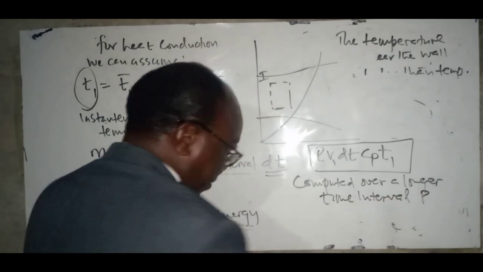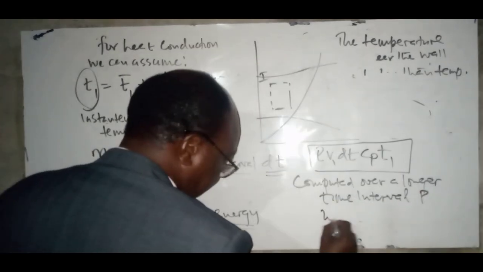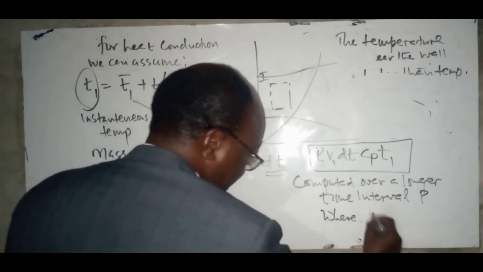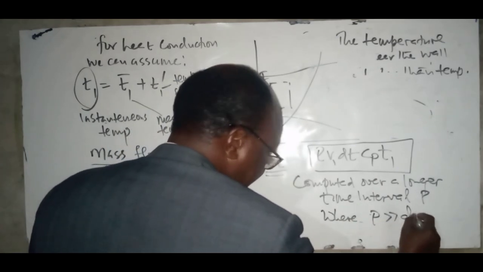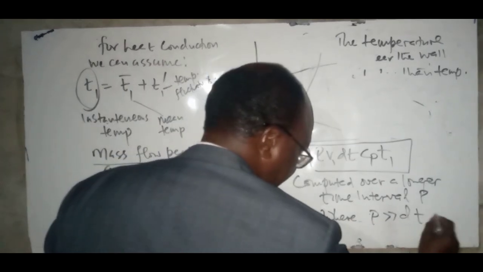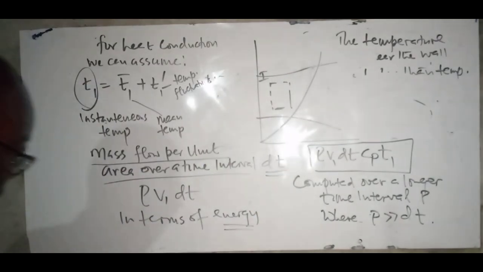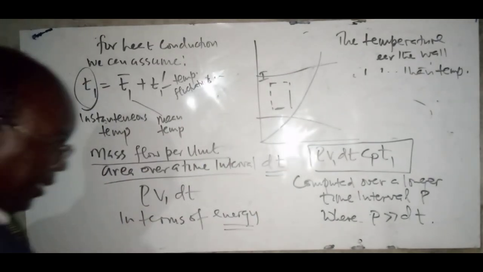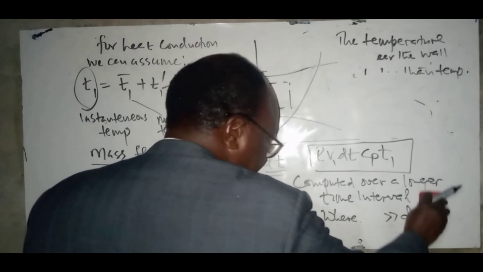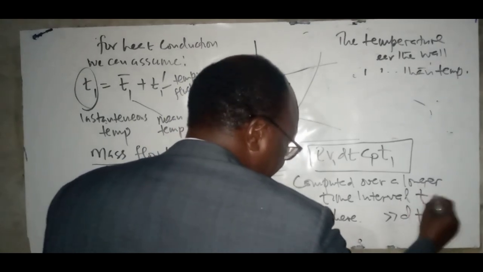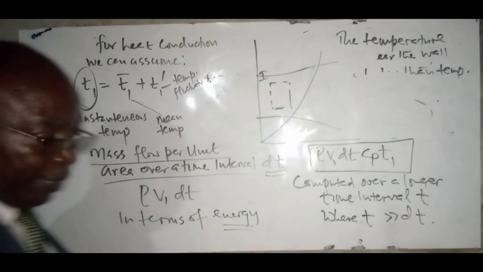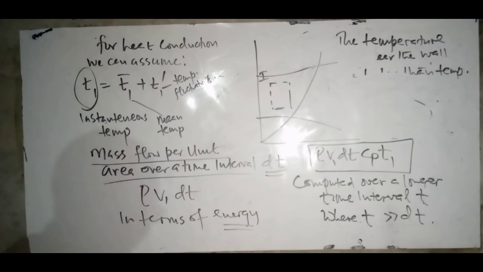let us call that interval P, where P is much greater than dt. In fact, let's call it capital T instead of P, just to be consistent, much greater than dt.